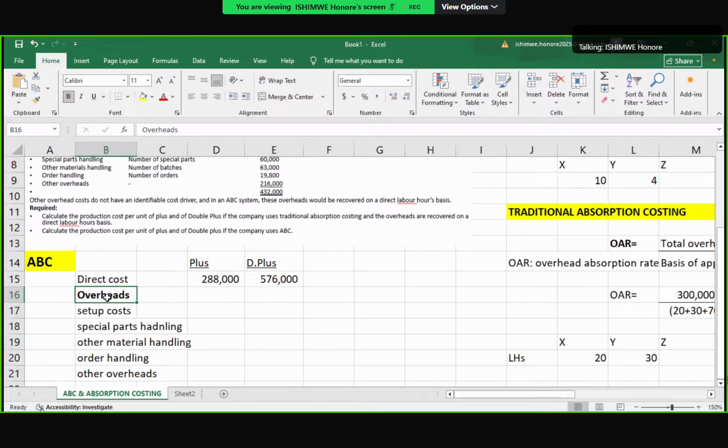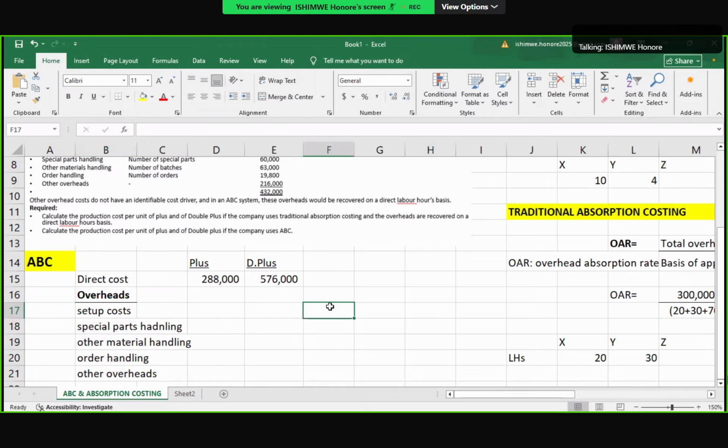In general, we determine what is the overhead in A plus and the overhead in double plus. But in ABC, we need it for each activity. You see now where we have a difference between ABC and traditional costing, and you will realize those advantages we have already said. So now let's look at our setup cost.